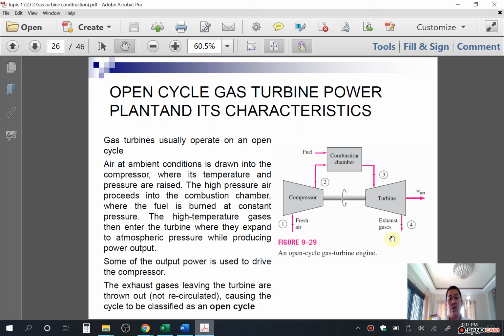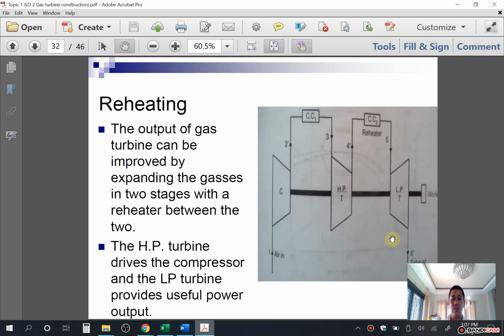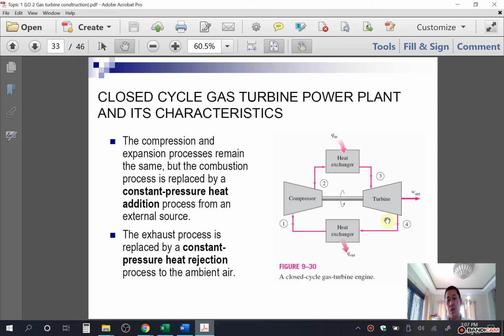So that is the open cycle. But here in the closed cycle, the exhaust gas is not discharged to the atmosphere, but discharged to the heat exchanger and sucked again into the compressor, and delivered again to the heat exchanger and to the turbine. So this is a closed circuit.